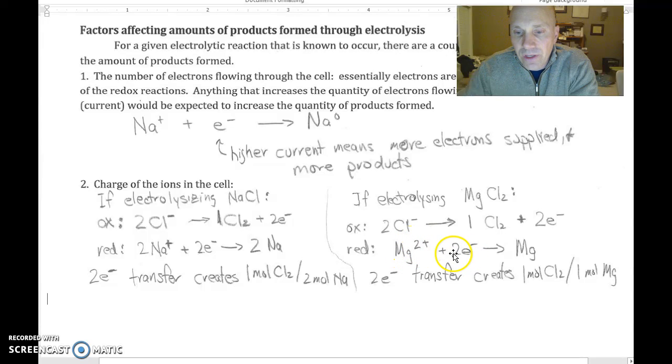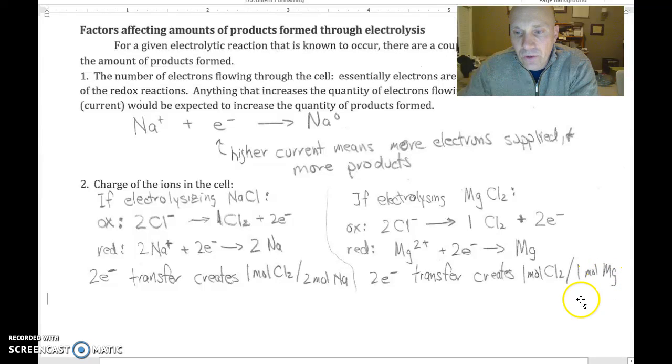So 2 electrons are going to react with only one of these to generate a neutral magnesium. So therefore the difference is that whereas over here 2 moles of the electrons created 2 moles of the sodium, here 2 moles of the electrons are going to create only 1 mole of the magnesium.